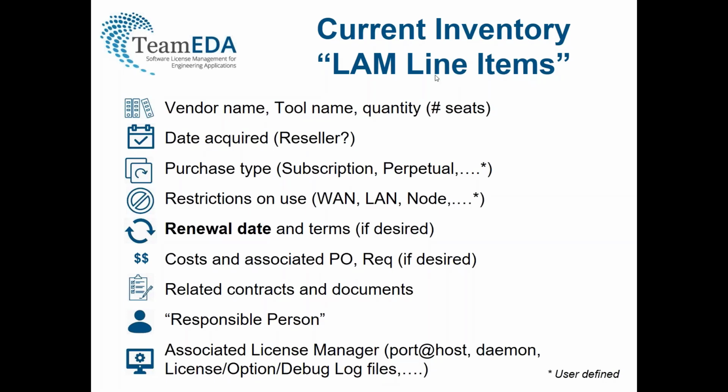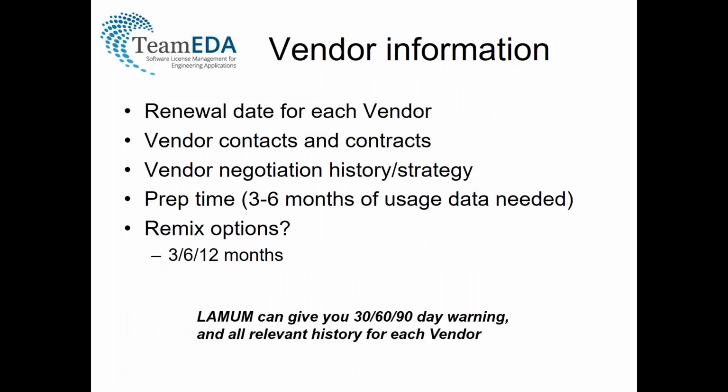So in our system, you can capture pretty much everything you need, and once it's captured, it's available to share. All you need to do is give others the password to get in, and they can get in and see all this information. They can maintain it as well in one place.